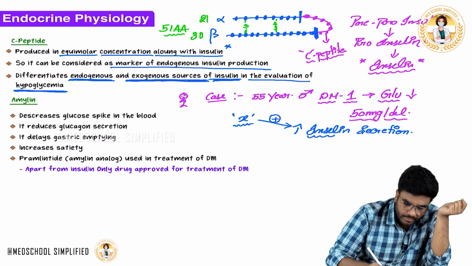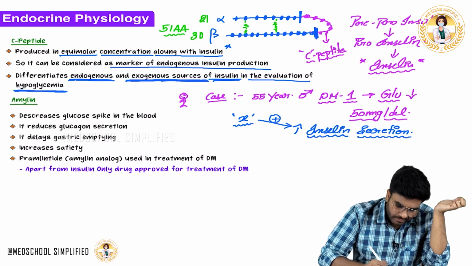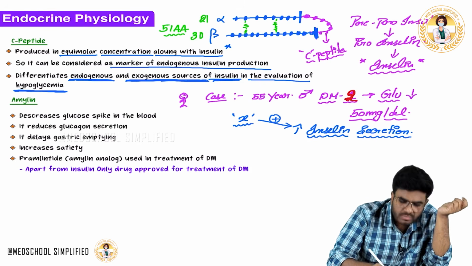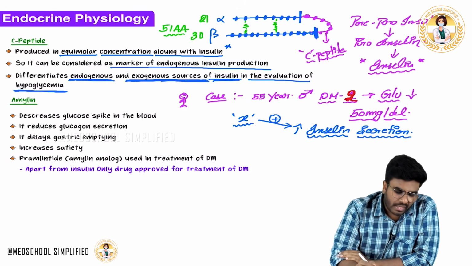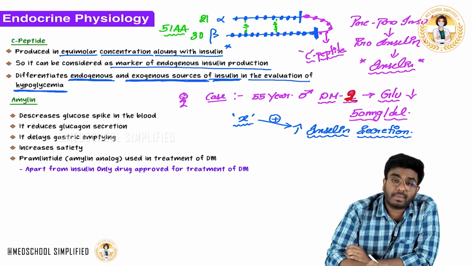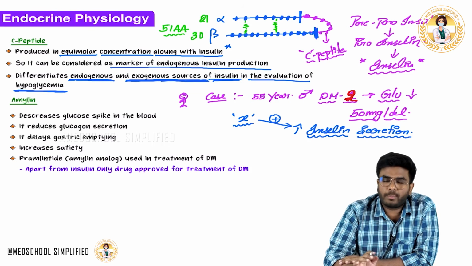Now you have a 55-year-old male with diabetes mellitus. For more convenience, let's take diabetes mellitus type 2, as that is the most common and more relevant. Our patient is a 55-year-old male type 2 diabetic with low glucose levels, hypoglycemia, who presented to your clinic.